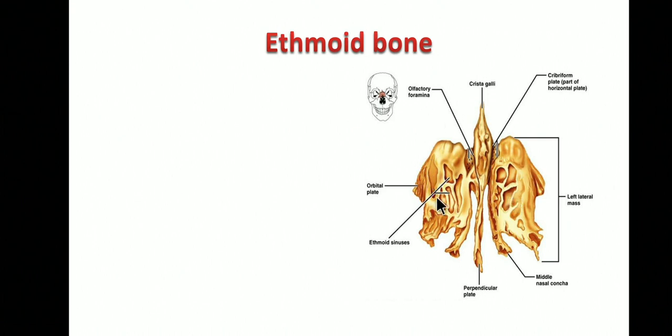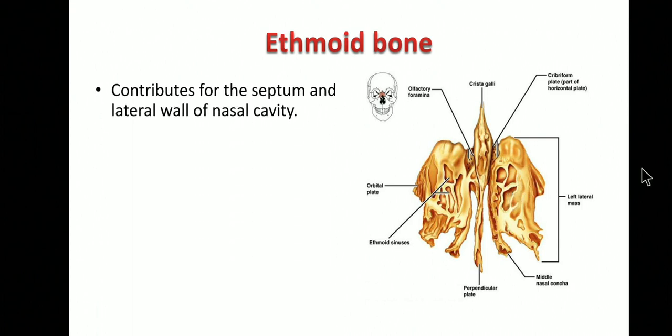Why is it called a pneumatic bone? Because within it are numerous spaces lined by mucosa, and these spaces are called sinuses. Since they are present inside the ethmoid bone, they are called the ethmoidal air sinuses.